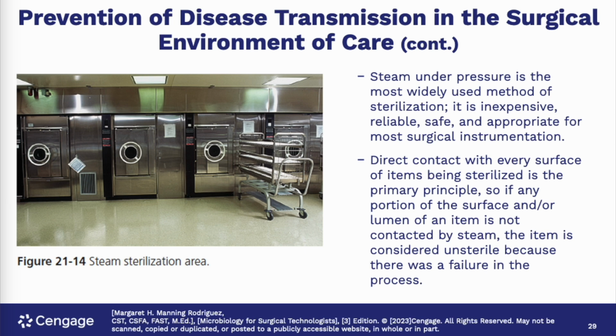We cannot forget peracetic acid. It is generally safe for most materials, but can be corrosive to some metals. Each chemical sterilization method is designed to address specific challenges related to heat sensitivity, moisture sensitivity, and the material properties of the instrument being sterilized.